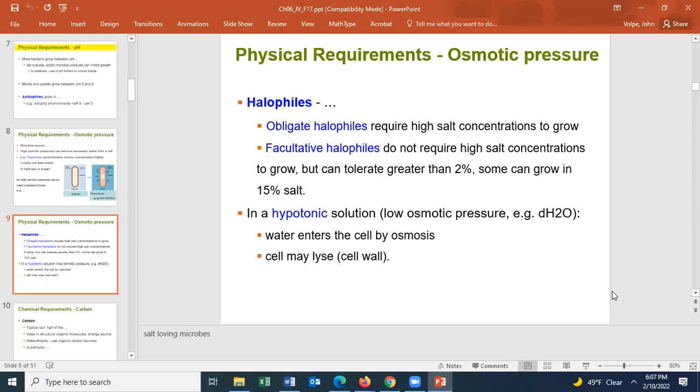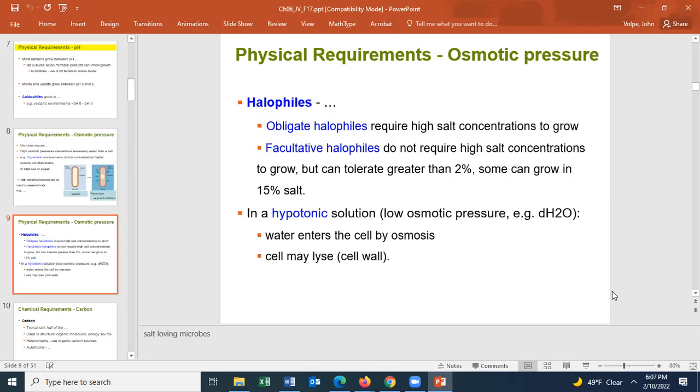There are also facultative halophiles. They do not require high salt concentrations to grow, but they can tolerate salt above 2%. Some facultative halophiles can grow at 15% sodium chloride. An example of a facultative halophile is Staphylococcus aureus.